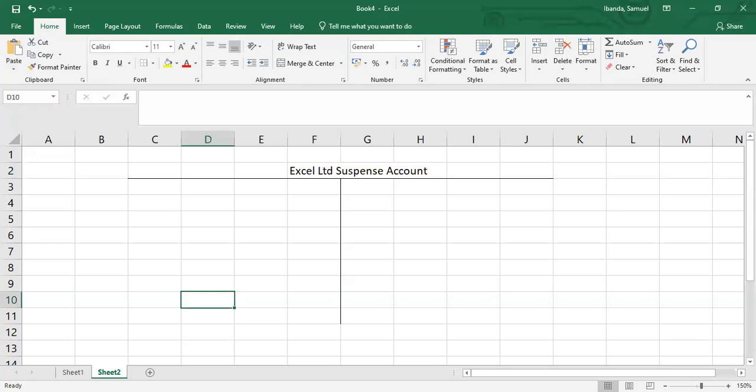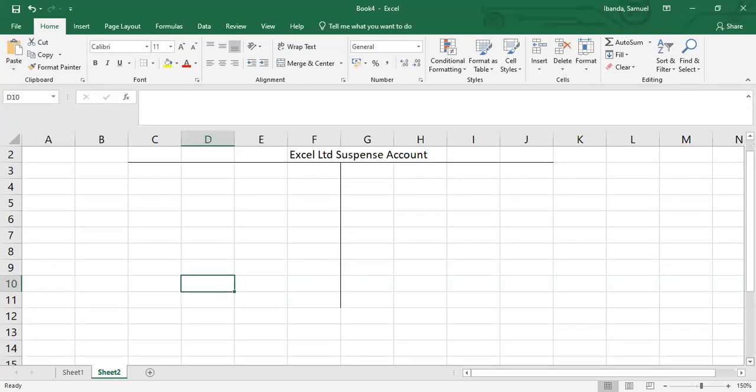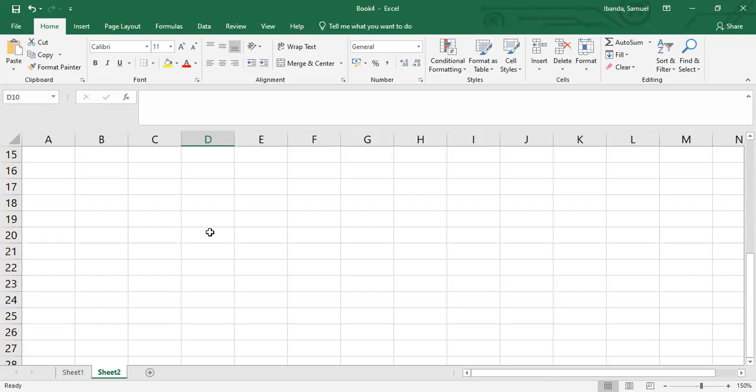And then let me just also start my journal here. Actually, this should even come first, so you make sure that you bring it first. This is a journal, and it is basically Excel Limited. Journals have a way of looking similar to the way you would see a trial balance.